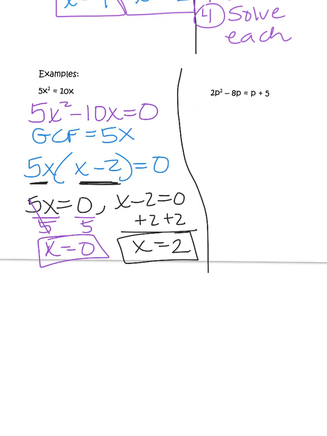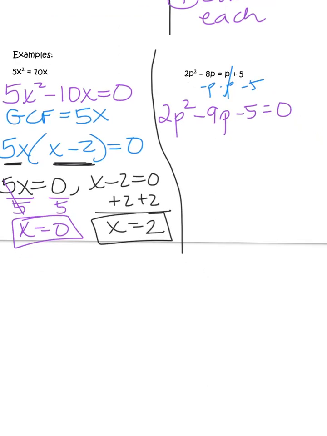So what I'm ending up doing is I'm subtracting over this p to both sides, and I'm going to subtract over the 5. So what's it going to look like? It's going to look like this: 2p squared, we're going to end up having minus 9p minus 5.